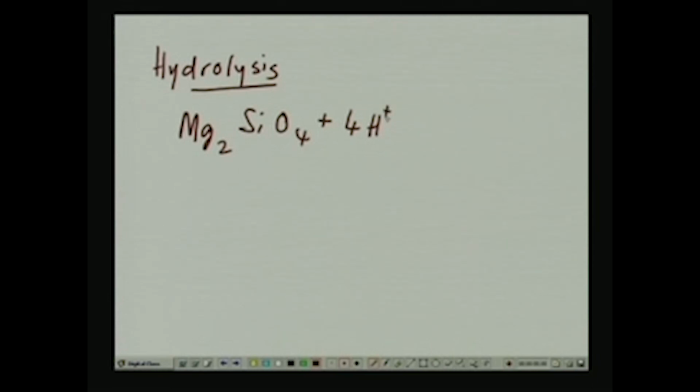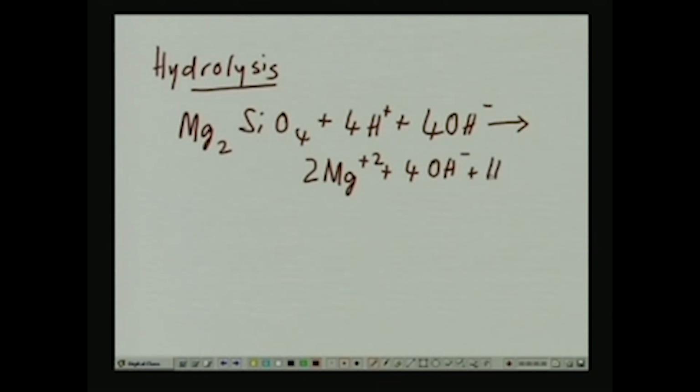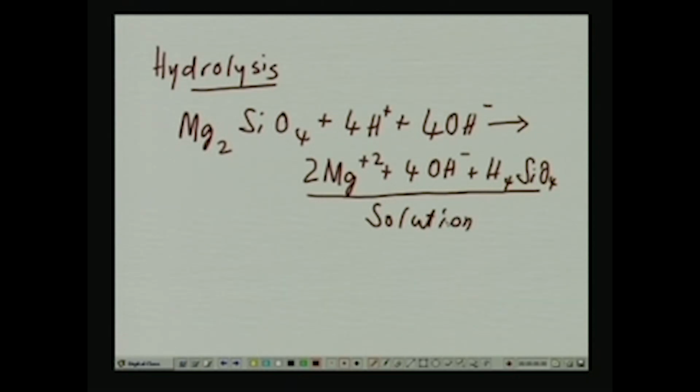Then when that is subjected to hydrolysis, you end up with release of magnesium ion and silicic acid, and all of these things are going to be in solution. So this is an example of hydrolysis, and then let us consider an example of oxidation.